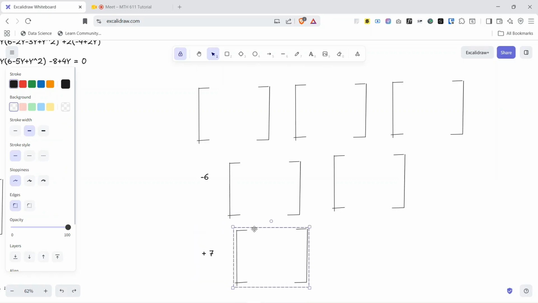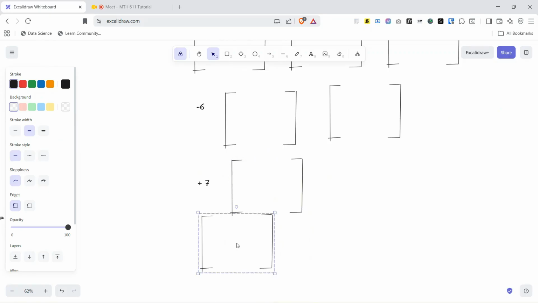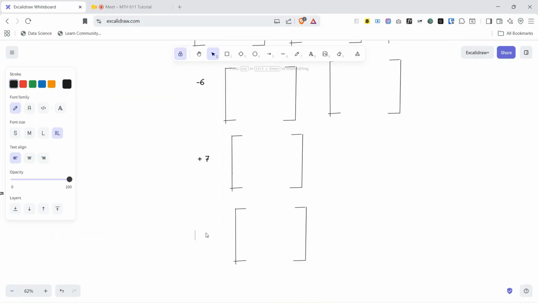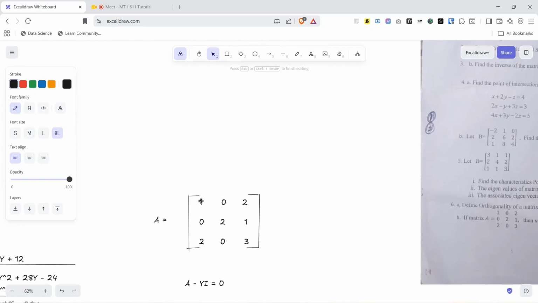All of this is supposed to be on a straight line, but I'm just trying to preserve the lines, then plus 2, plus 2, plus 2. Okay, so let me just copy the value of what we have in A now.